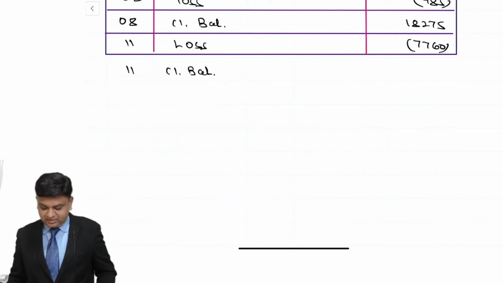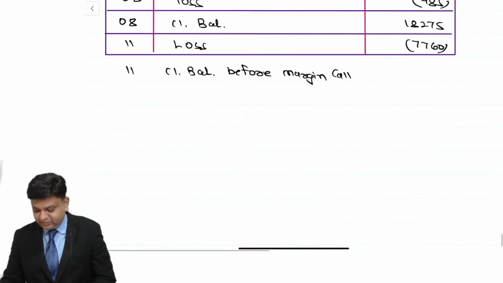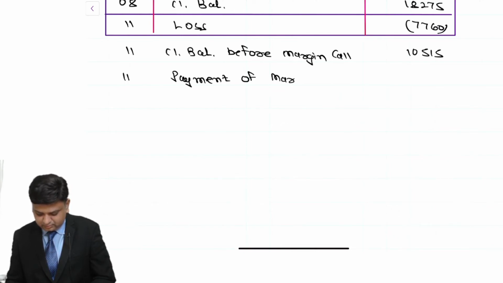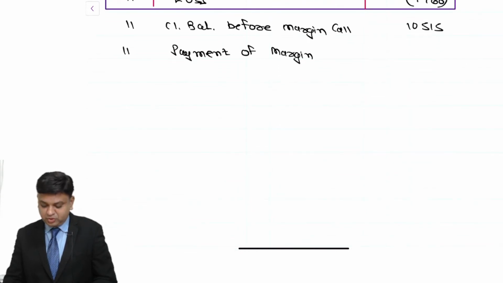So on 11th, the closing balance before margin call is 10,515. So on 11th, you are required to make payment of margin. Margin is required to be paid for such an amount so that the closing balance is equal to the initial margin.